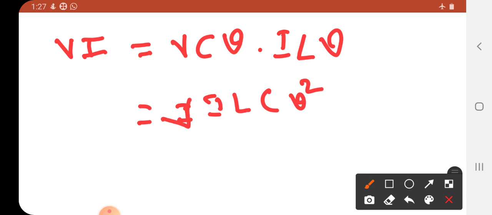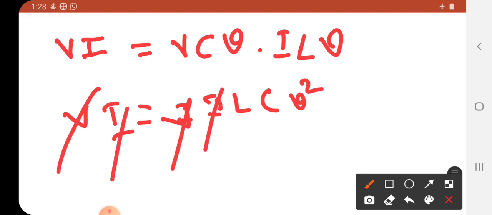This is V I L C V square. Yes, from this, here this is the equation for V. So V gets cancelled, I also gets cancelled. So hence V square is equal to 1 by L C.